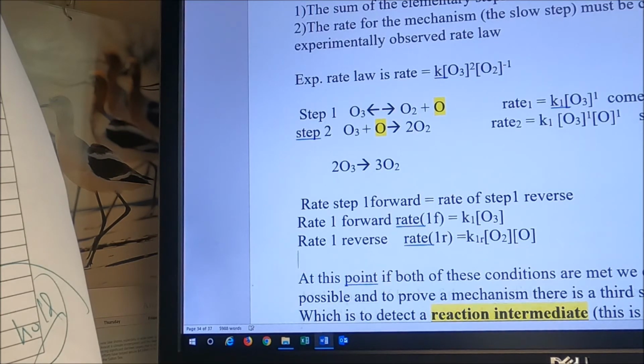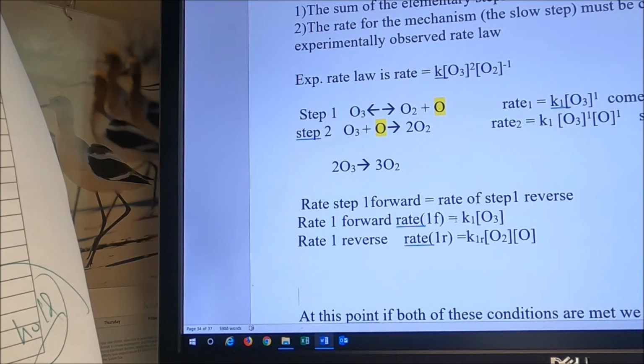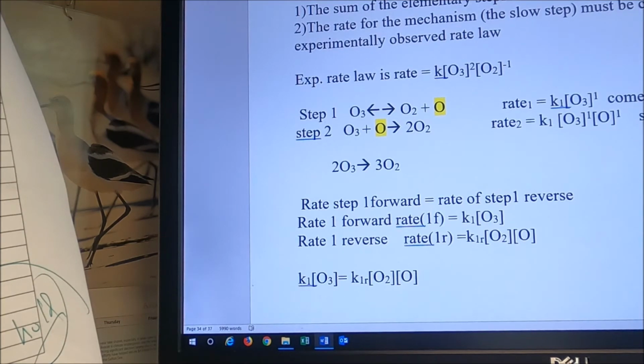Now, these two have to equal each other, so I'm going to set them equal. Now I'm going to solve this for oxygen concentration, dividing through.